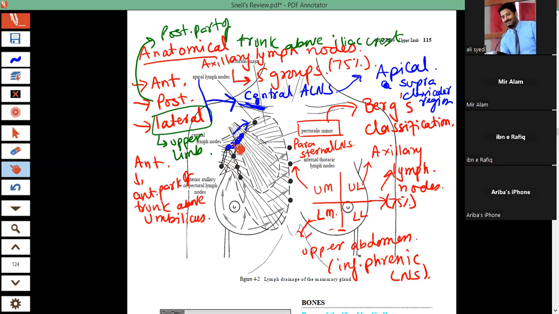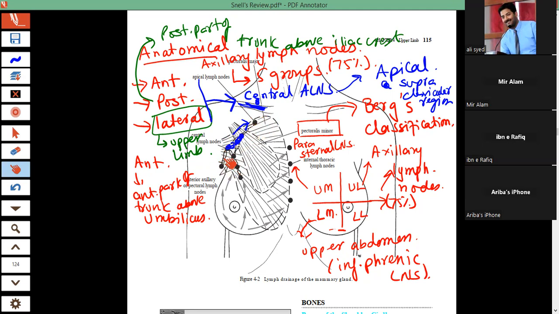But when you are performing the surgery, it is very difficult to differentiate whether it is apical lymph nodes, central lymph nodes, or anterior axillary lymph nodes, or posterior axillary lymph nodes, or lateral axillary lymph nodes. It is very difficult to differentiate between all of them.